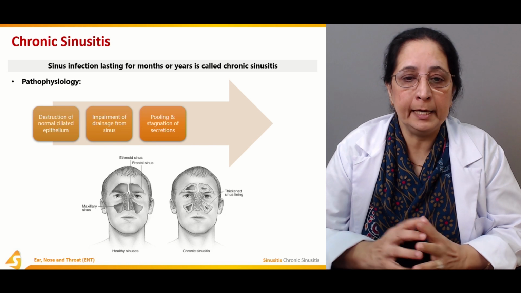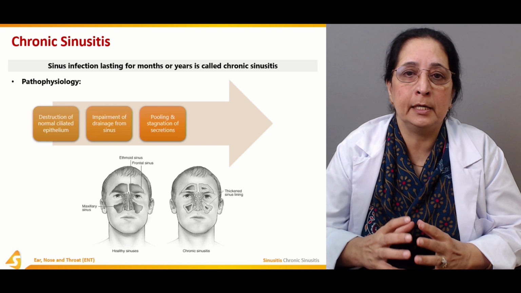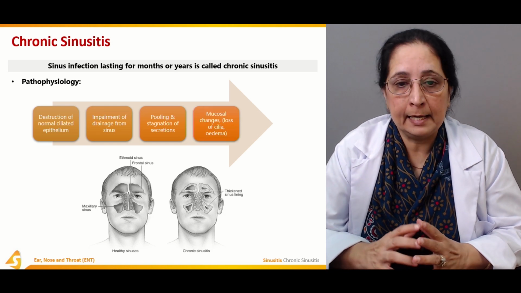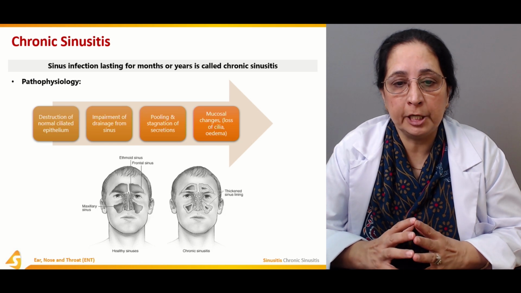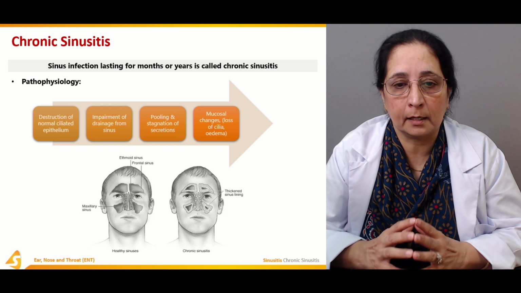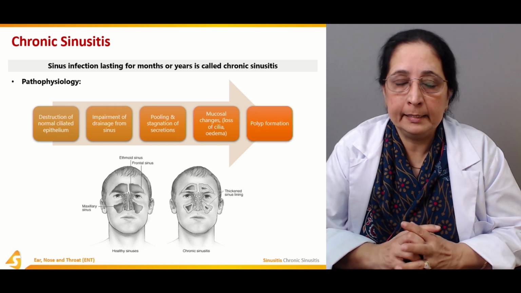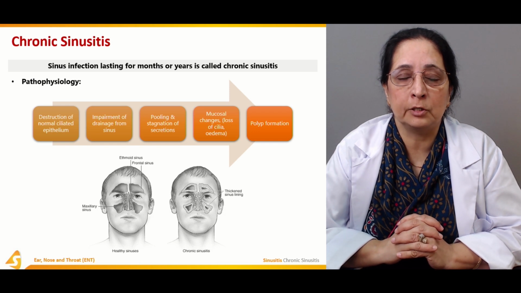There is pooling and stagnation of secretions, and this pooling and stagnation can lead to different infections. Mucosal changes, loss of cilia, and edema occur. And this ultimately can cause polyp formation also.